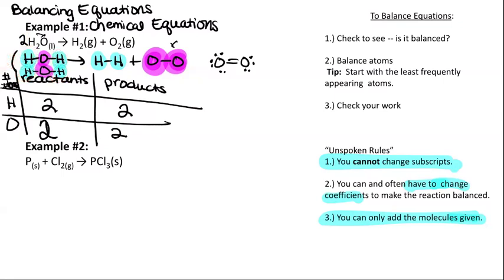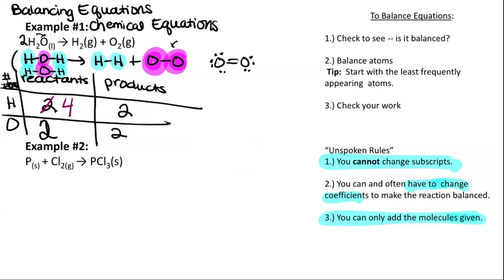Now I have 4 H's. And I just want to write that out. If you had it written like this, you could say, oh, I have 2 times 2 of those to give me 4. So you can visualize it by drawing it out if you need to, or you can see I have 2 waters, whatever makes sense for your brain.